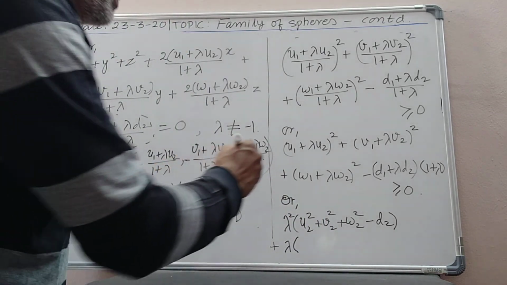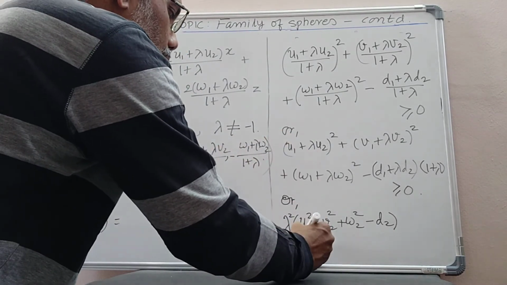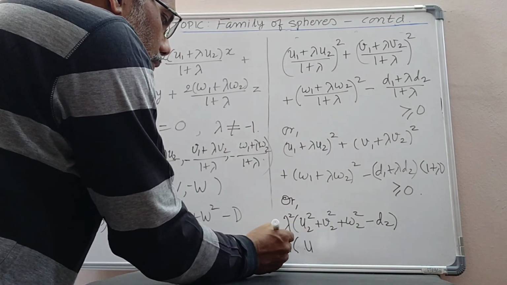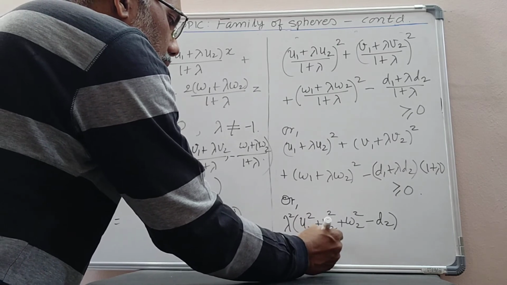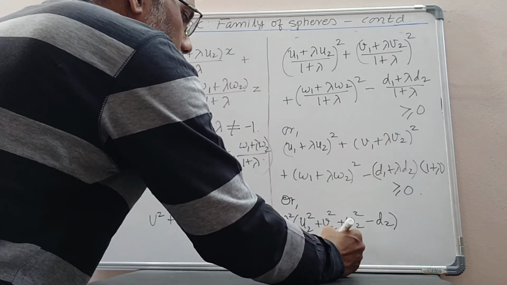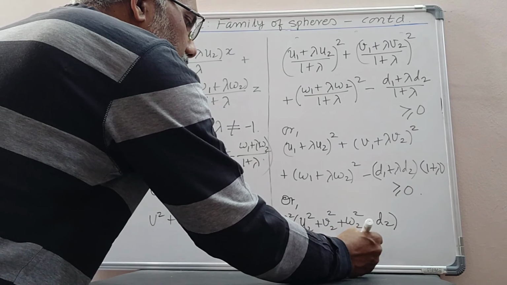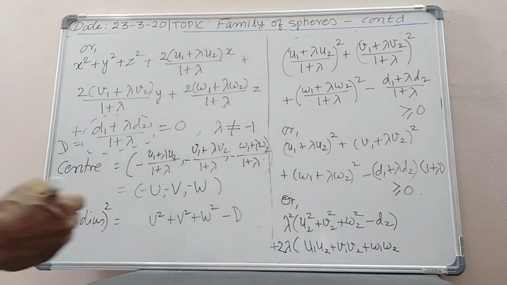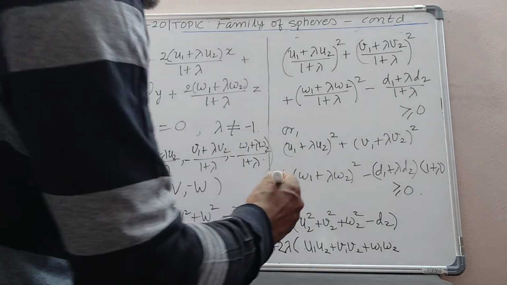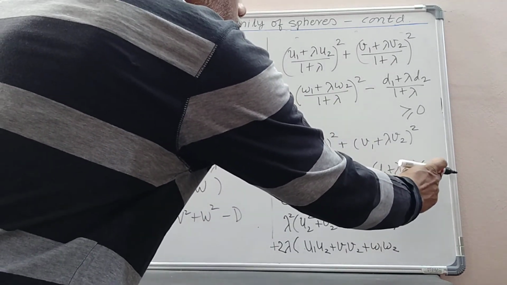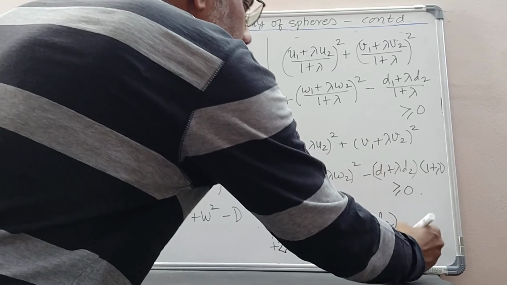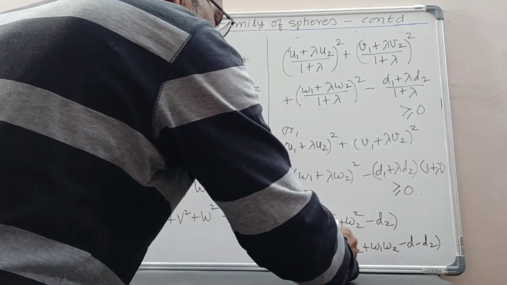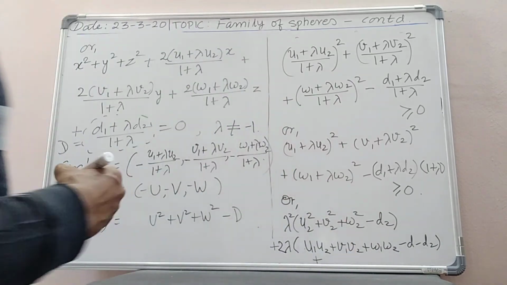So lambda times 2, I'll take 2 as common, u1 u2 plus v1 v2 plus w1 w2, and minus d1 minus d2, and the constant term.